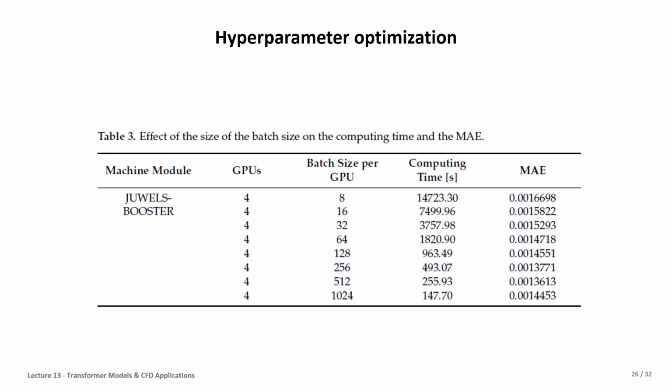So we found that this batch size per GPU is the optimum one. Therefore, the computing time is also reduced to 255. When we had a batch size of 8, you can see how much difference there is in the computing time. So the hyperparameter optimization reduced the error and also increased the speed of this model.